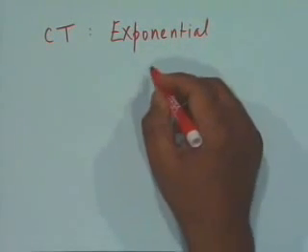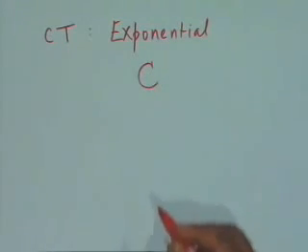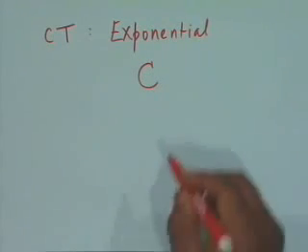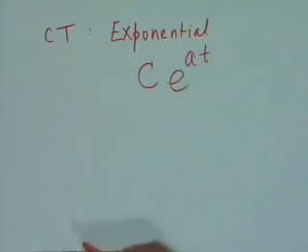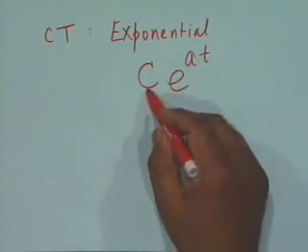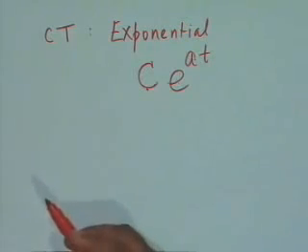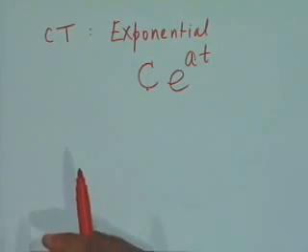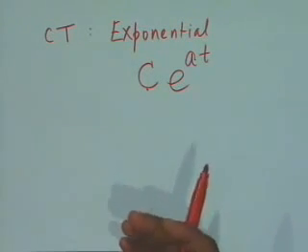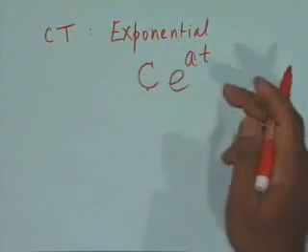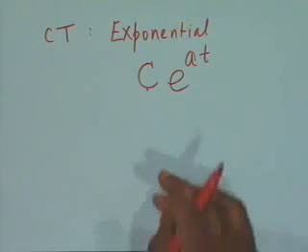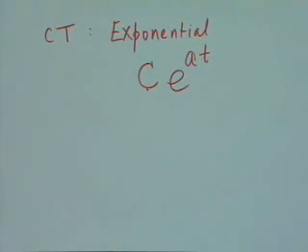A continuous time exponential signal is simply of the form some constant capital C, then exponential e to the power some constant a multiplied by t, where c and a can be real, can be positive, can be negative, they can also be complex. C can be real, a can be complex, both can be complex, and it would be instructive to consider all these cases one by one.